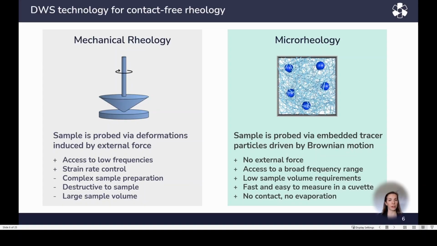Additionally, microrheology with DWS covers a broad frequency range, from 0.1 to over 1 million radians per second, in a single measurement that takes only seconds to a few minutes. Sample preparation, as it is a cuvette-based method, is straightforward, requiring only small volumes for analysis.